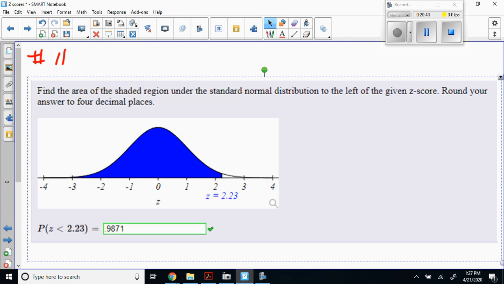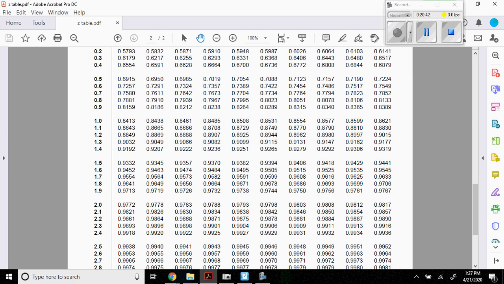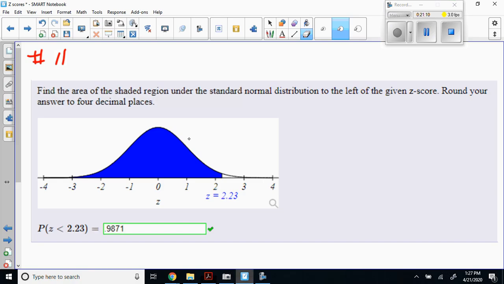There you go. Do you see where I went? 2.2, here's 0, 1, 2, and there's the 3. So there you go. That's number 11.